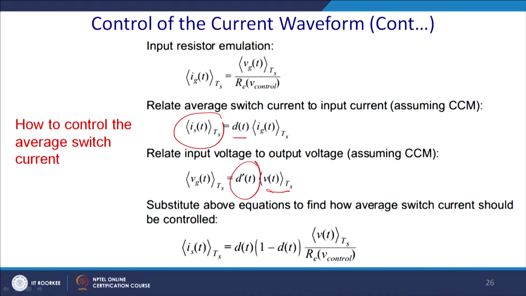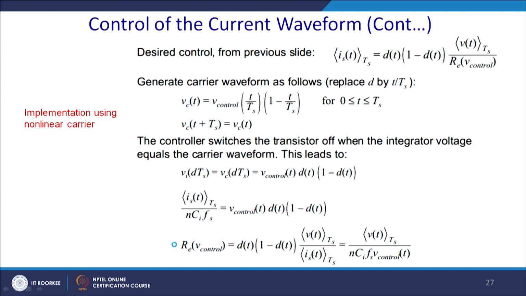So, from there we can relate it. Substitute the above equation, how the average switch current should be controlled: Is equal to d Ts, 1 minus d Ts, Vt by Re, V control. So, this way you can control the charging of the capacitor and thus the current of the switch.